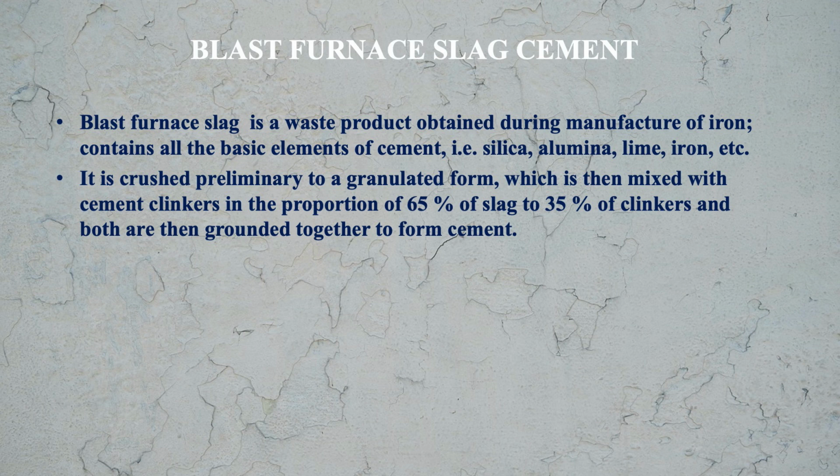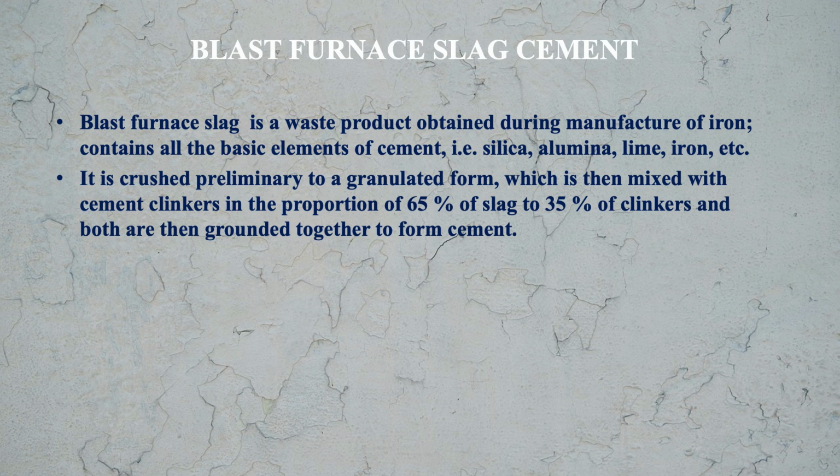Then after mixing, this will be ground together to form the cement, and this cement produced by mixing and grinding the blast furnace slag and the clinker, we call blast furnace slag cement.